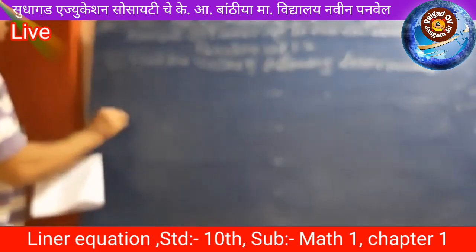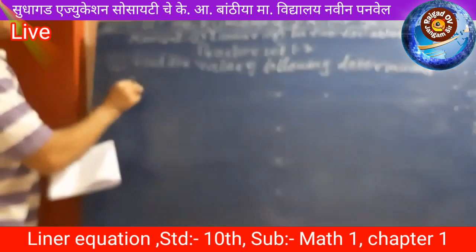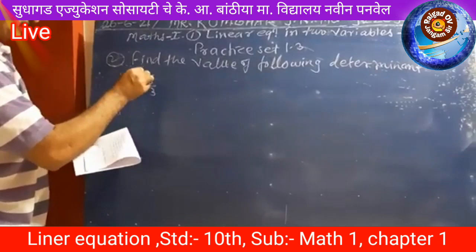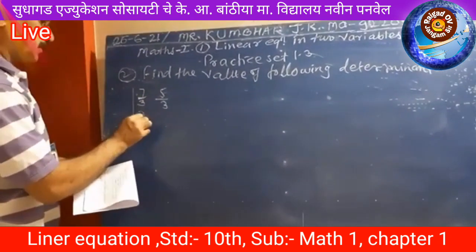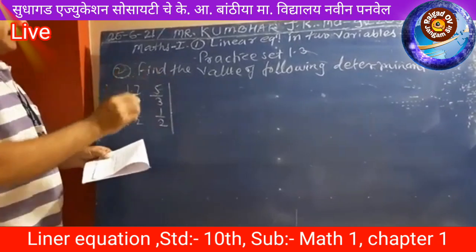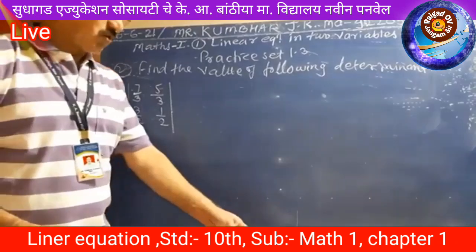In the determinant 7 upon 3, 5 by 3, 3 by 2 and 1/2. These are fractions, no problem.